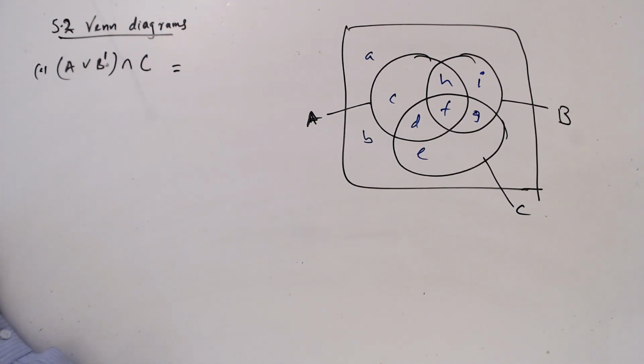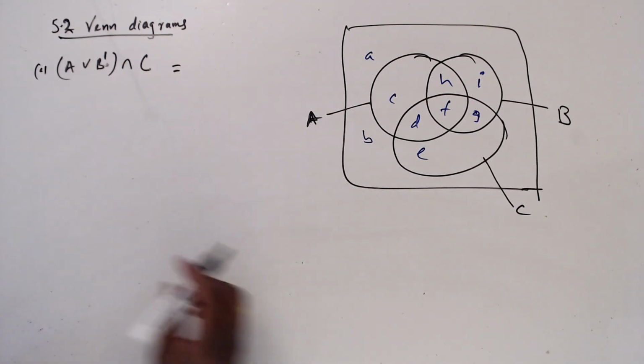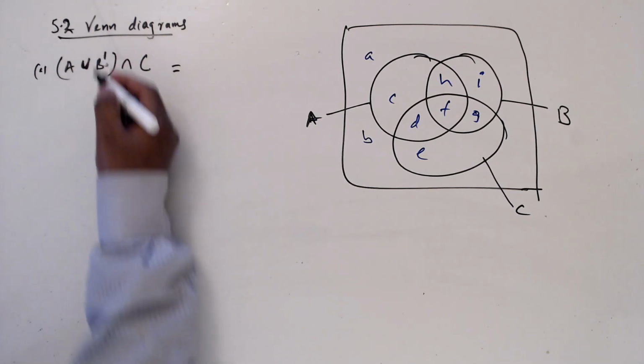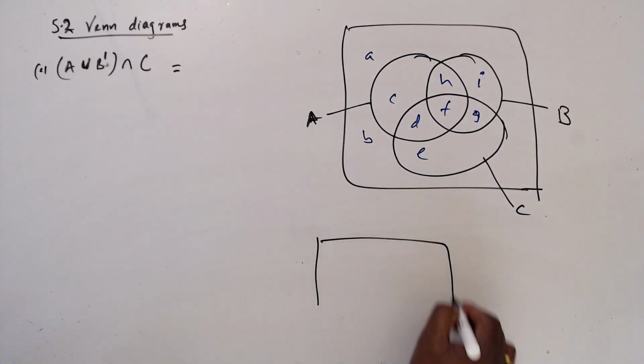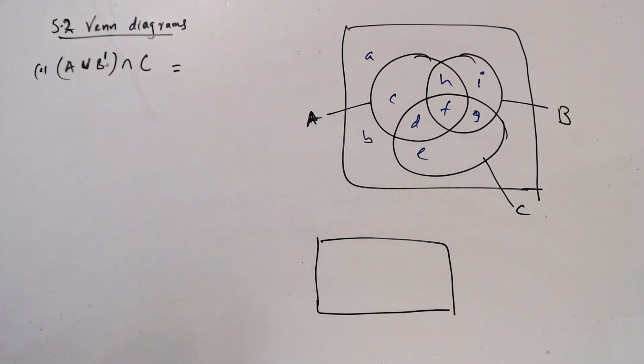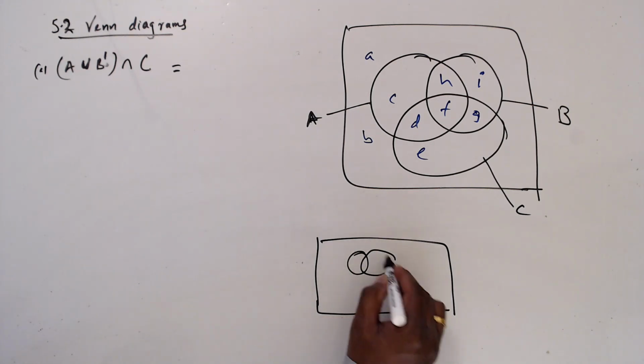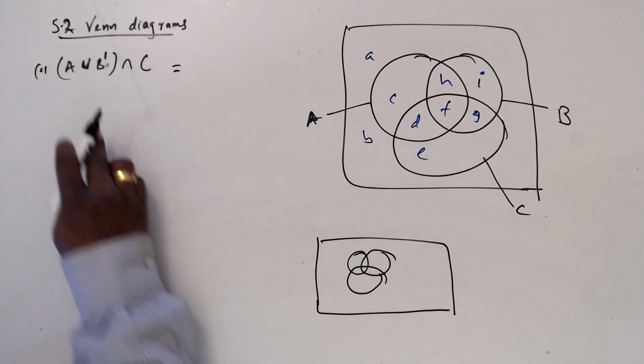You can do that one if you are not sure. First of all, find A union B dash. So this is a union.